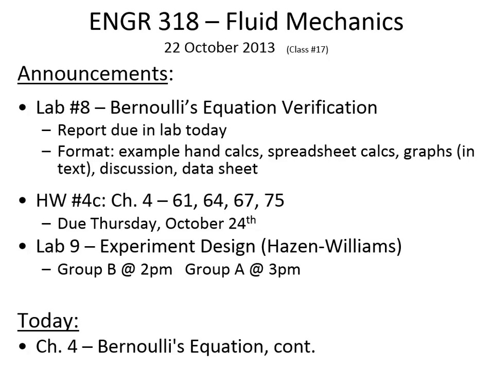Q is the volume that you observed in some amount of time. That's how you get the flow rate, and it should have units of cubic meters per second. Area is going to be pi d squared divided by 4, with units of square meters. And then the velocity through the pipe is Q divided by A.